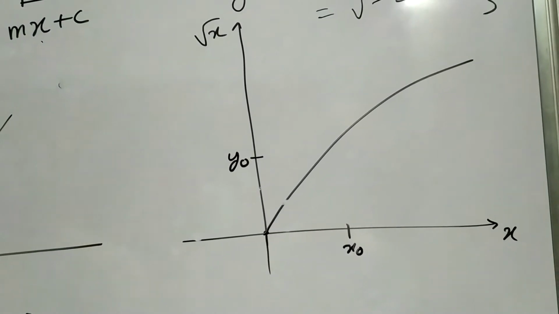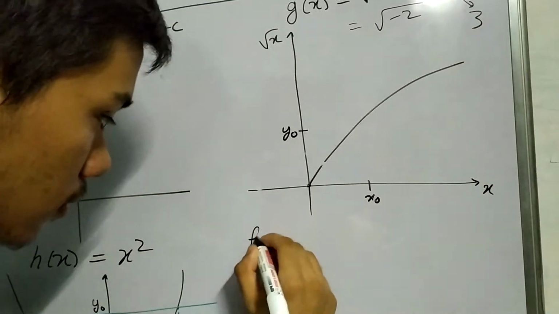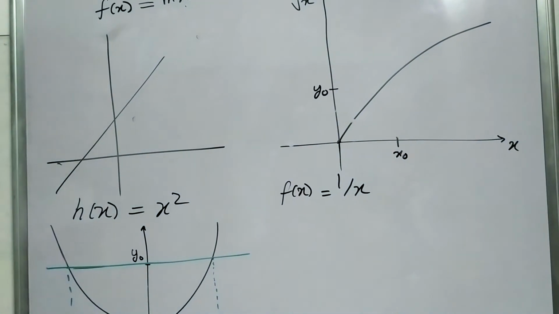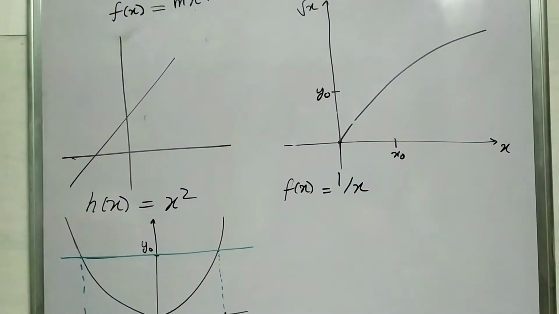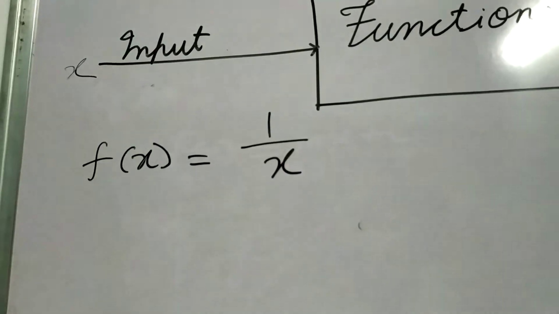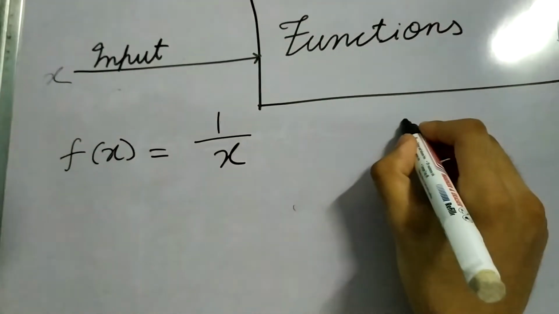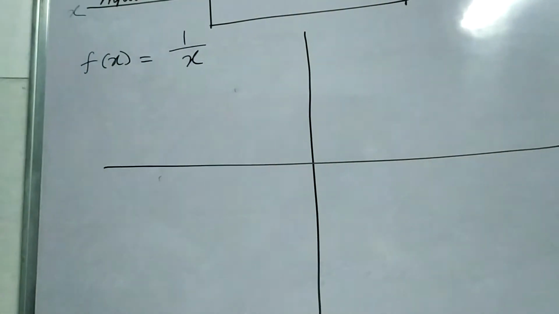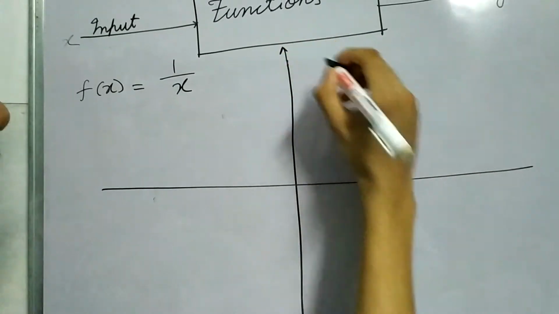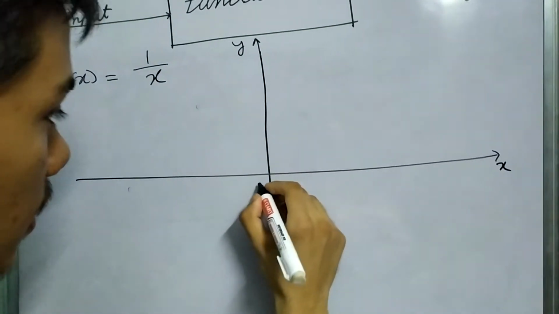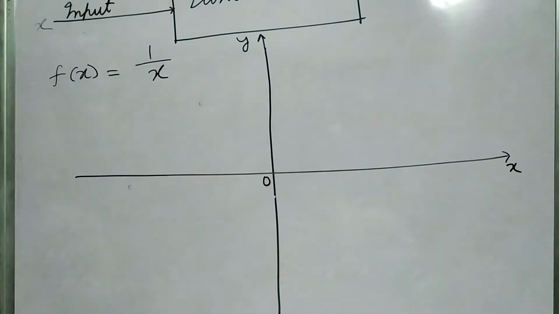Alright, now let me consider another interesting function, 1 by x. What will it look like? Let's see. So let me draw the graph. This is y, this is x, and this is 0, the origin.